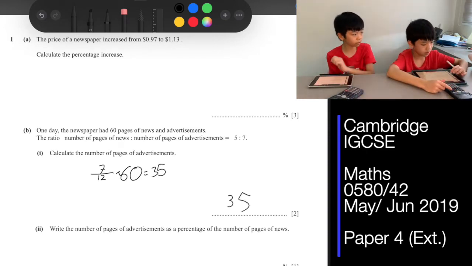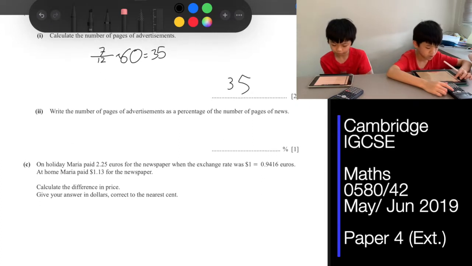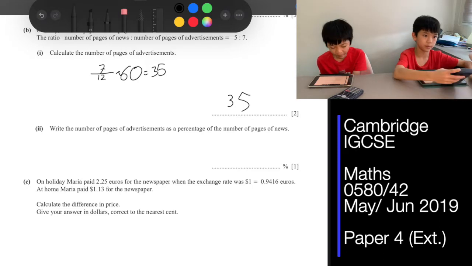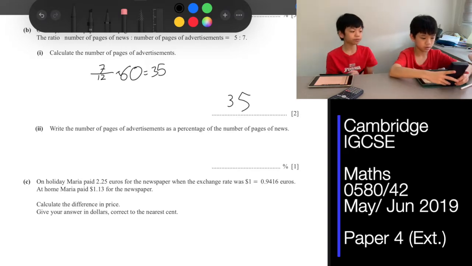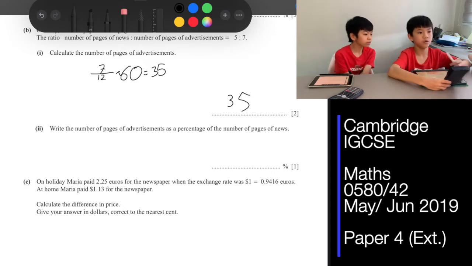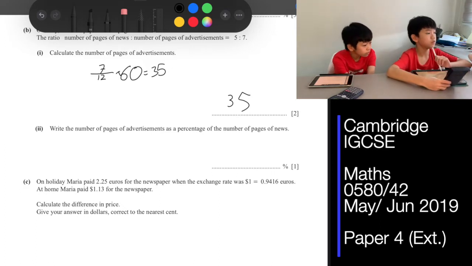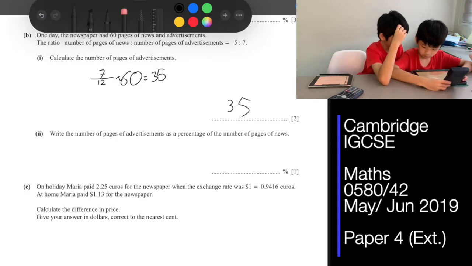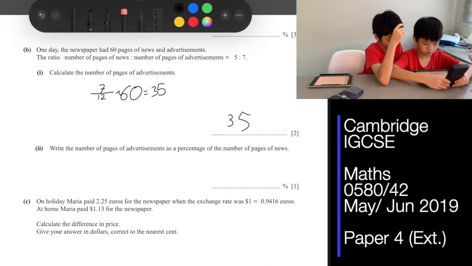For question 1b2, we need to write the number of pages of advertisements as a percentage of the number of pages of news, which is basically 7 over 12 times 100. 58.3%. It is 7.